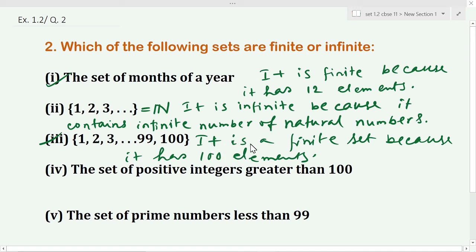Now question number 4, the set of positive integers greater than 100. It is infinite.